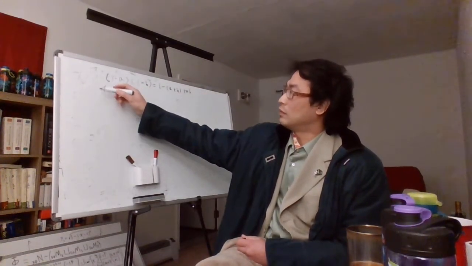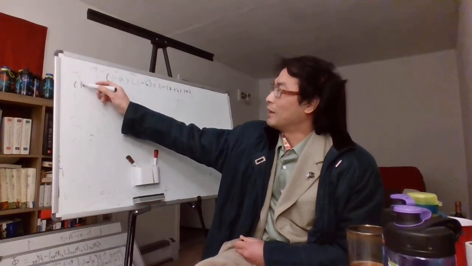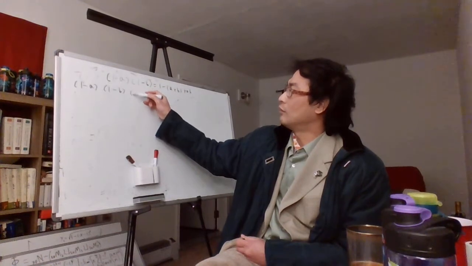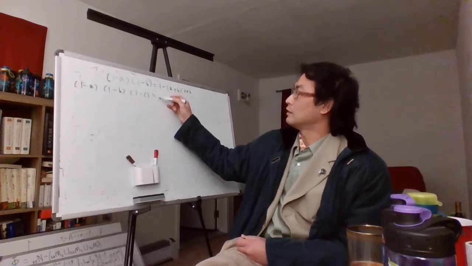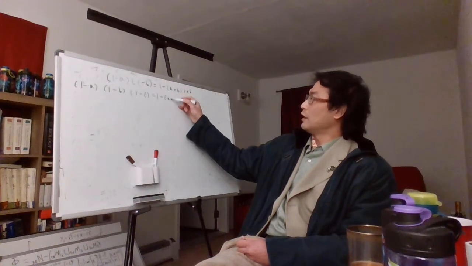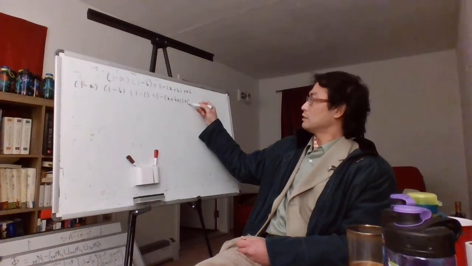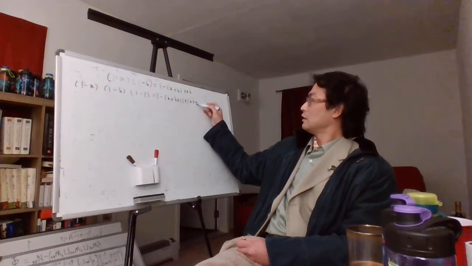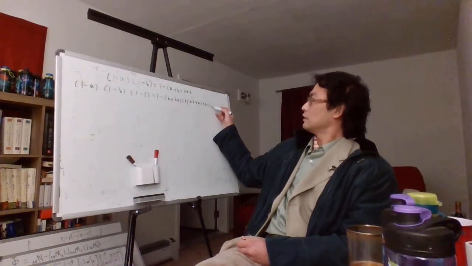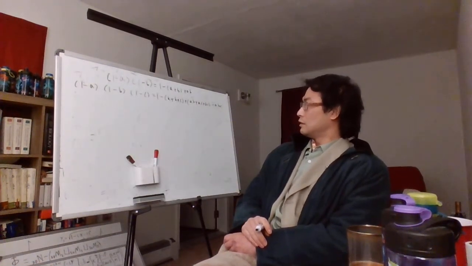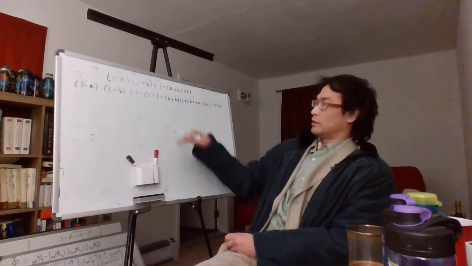No. 1 minus a, 1 minus b, 1 minus c, gives 1 minus a plus b plus c, plus ab, ac, bc, minus abc. Right? Okay. And so on.